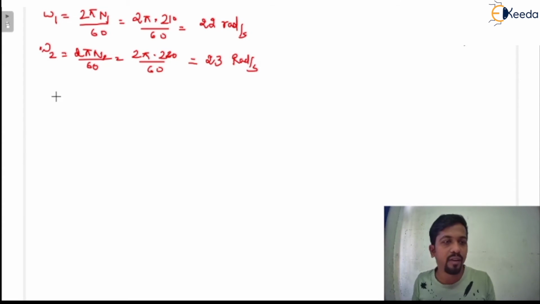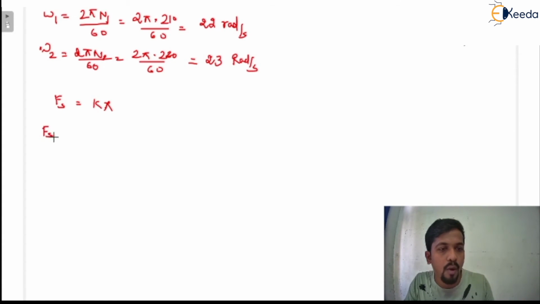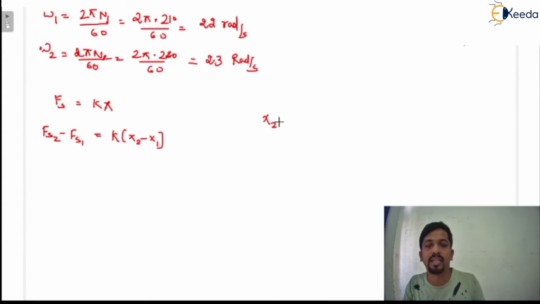Another thing we know is that the spring force Fs is equal to Kx. So Fs2 minus Fs1 will be equal to K (x2 minus x1), yes or no? And x2 minus x1 is nothing but the sleeve movement.